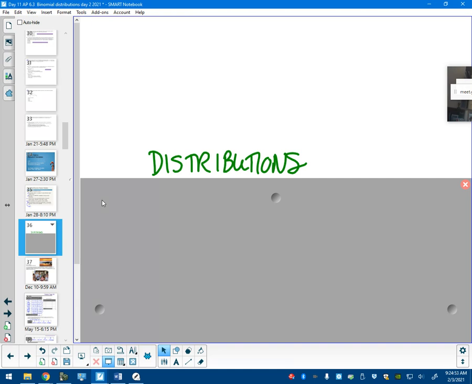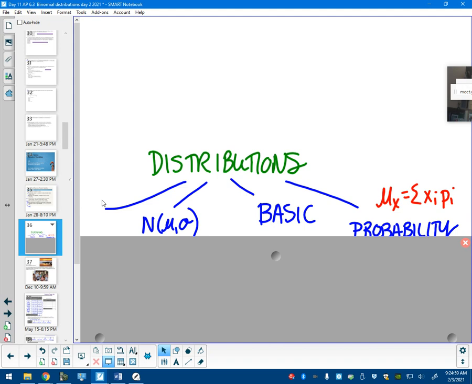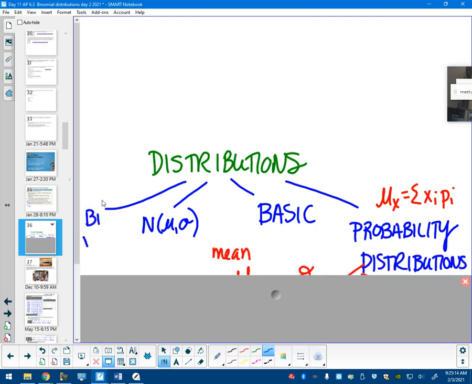Statistics is all about studying data distributions, and we have all different kinds of data distributions. We have basic data distributions. We have normal distributions. That's what chapter 2 was all about in honors statistics. Chapter 3 was about bivariate data. That's not how you spell variate.